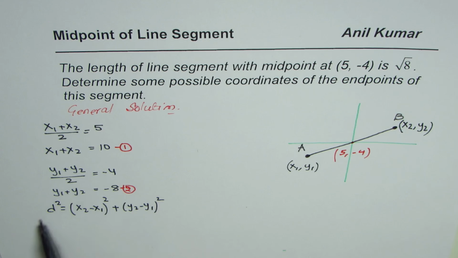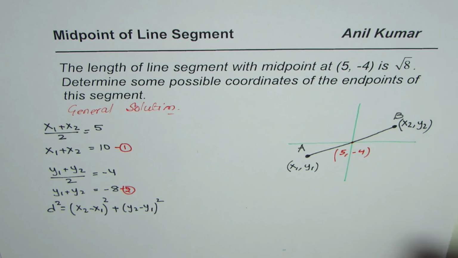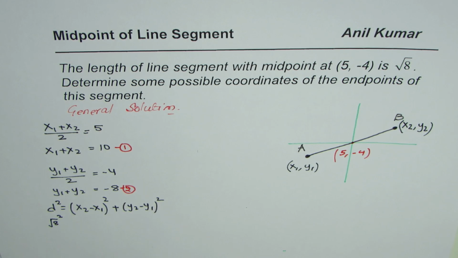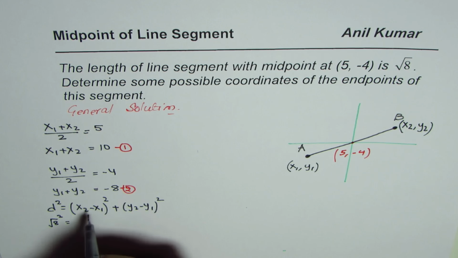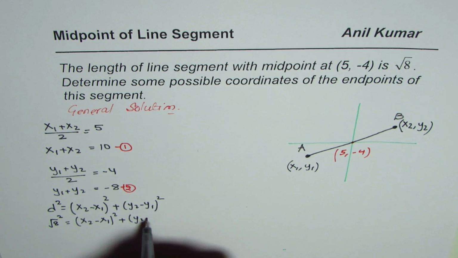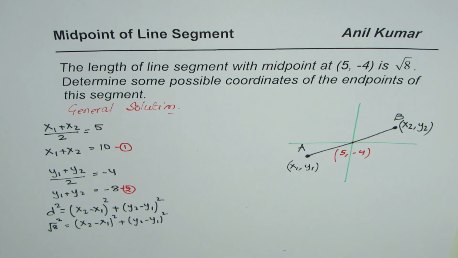In our case, the distance is given to us as square root of 8. So we could write d square as square root of 8 square, which is 8, right? And that is equal to (x2 minus x1) square plus (y2 minus y1) square. So that is how we get one complicated equation.